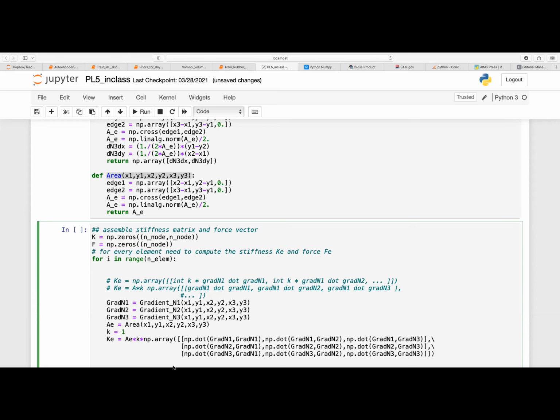Now, the one thing that I have not yet gotten is what are these x1, y1, x2, y2, x3, y3. Those are the nodal coordinates of the element. So those I still need to go get, right? Where do I get those from?